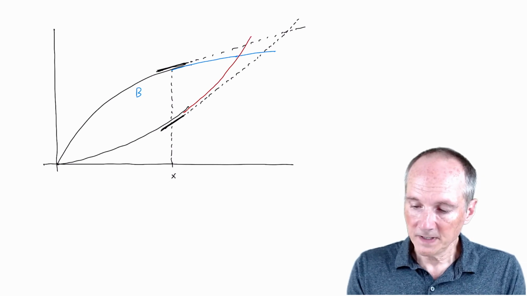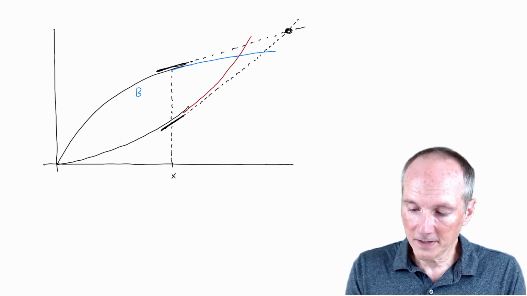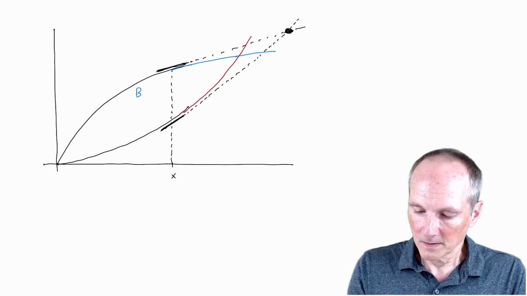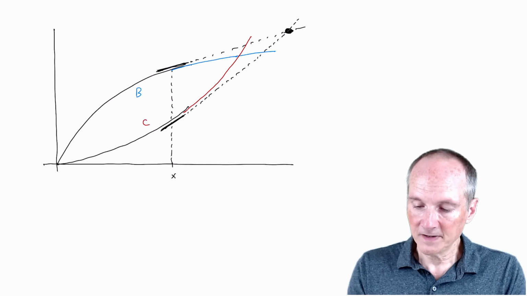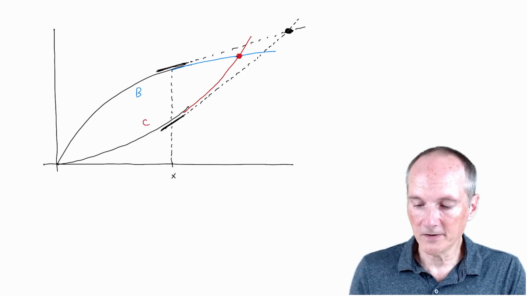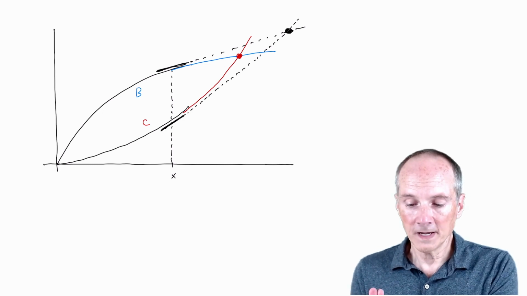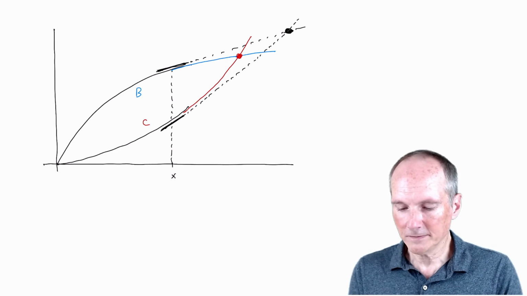Because those two tangent lines cross out here, that means that somewhere before that, the benefit and cost functions must cross, and that's right here. Okay. So at that point, I think it should be pretty intuitive.